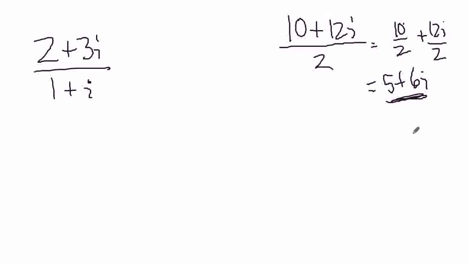All right. So in other words, if you divide a complex number by a real number, you can use the rules that you would normally use for fractions to split it up into two fractions, and then for each one you can simplify those.